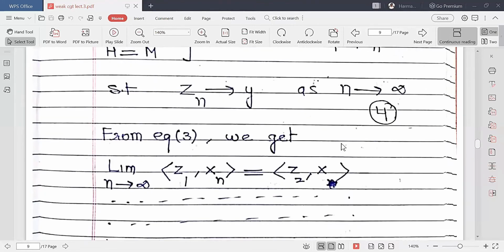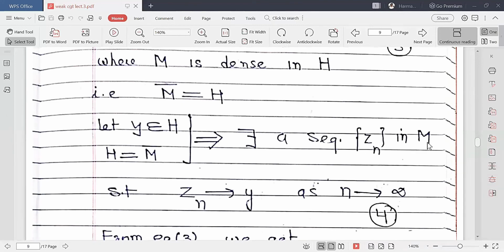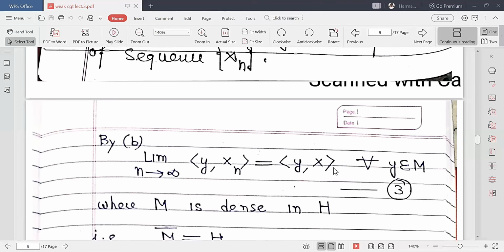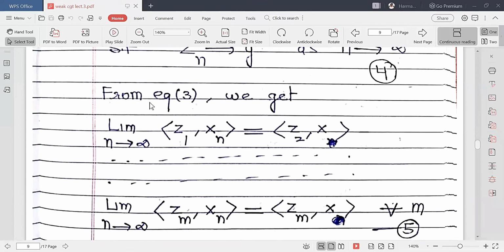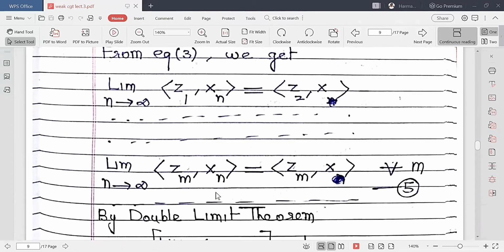Now what is the Zn sequence? The Zn sequence is in terms of M, it belongs to M. So this condition is satisfied for every vector belonging to M. It means this condition is satisfied for every vector Zm, because Z1 belongs to M, Z2 belongs to M, Z3 belongs to M, Zm belongs to M. So equation number 3 is satisfied for vector Z1, for vector Z2, for vector Z3, and so on up to vector Zn.